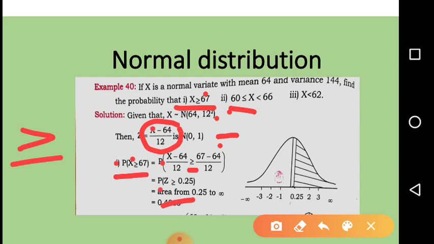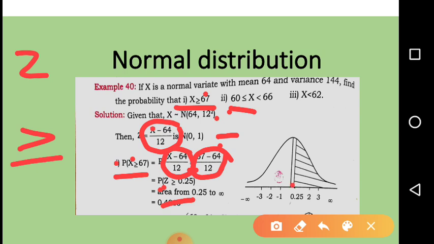Now again here in the p bracket you write x minus 64 by 12. I am writing as z. Why am I writing z? Because the formula only is like that. So the entire expression I am writing z. Put the sign greater or equal to 0.25. If you calculate it, you get 0.25. 0.25 you have to mark it in the graph like this.